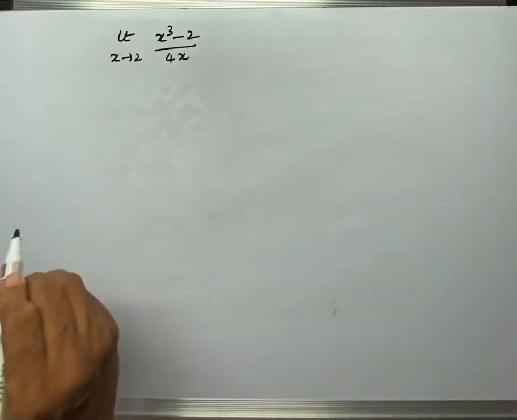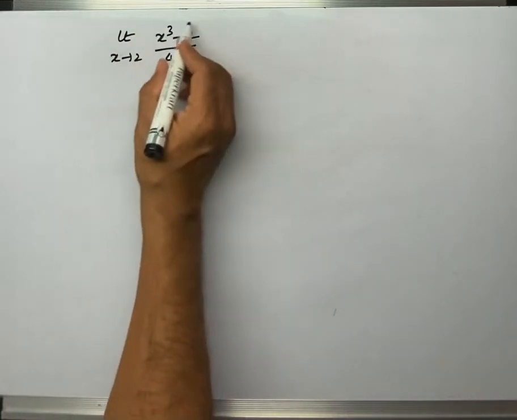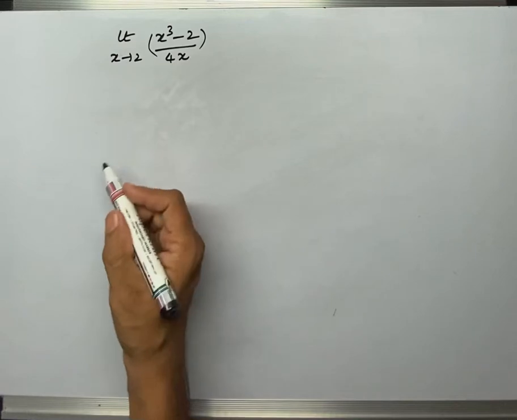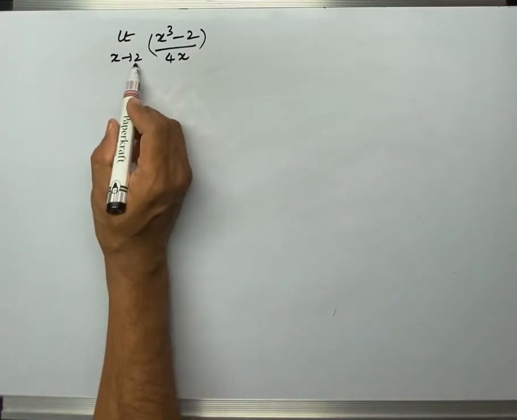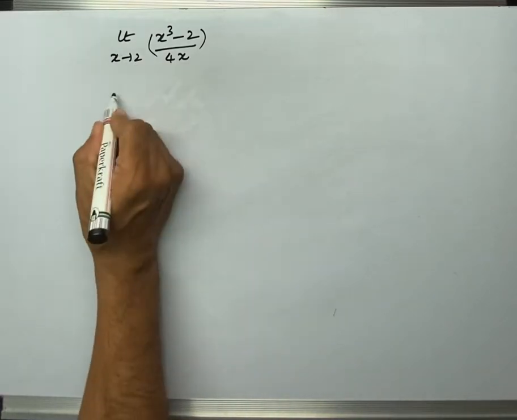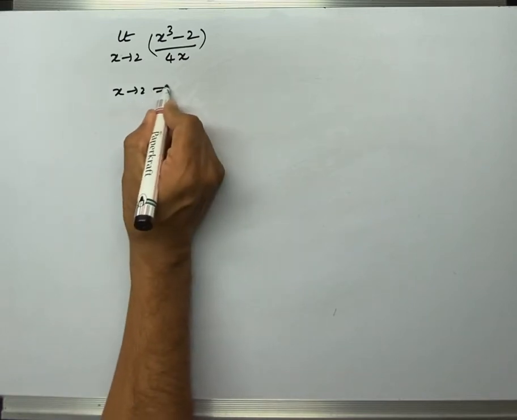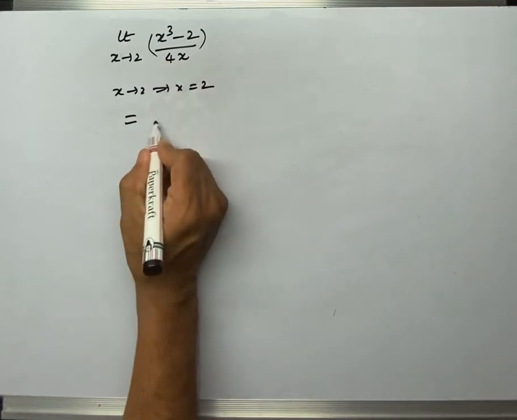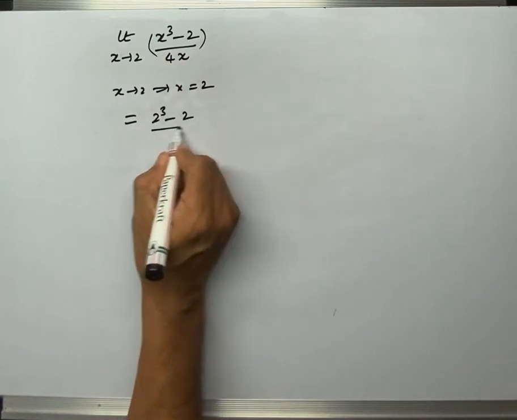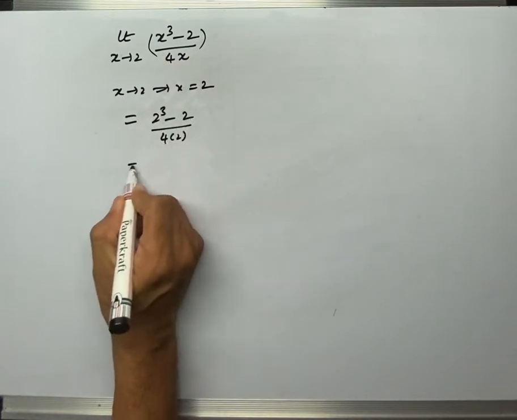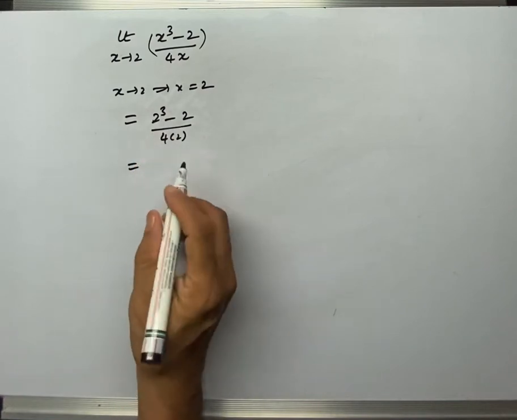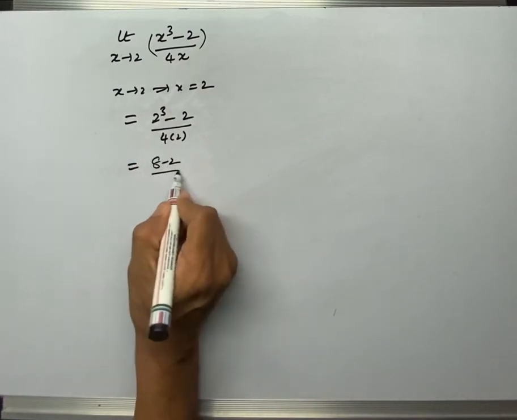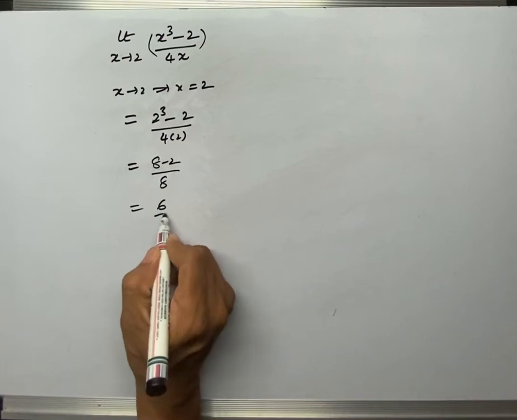Every time you find limit X tends to some value and a function is given, think that this is f of x and this is the x value. We should write X tends to 2 implies X is equal to 2. We leave the limit, then substitute 2 in place of X. Now 2 cube is 2 into 2 into 2, 8, minus 2 divided by 8. This is 6 by 8.